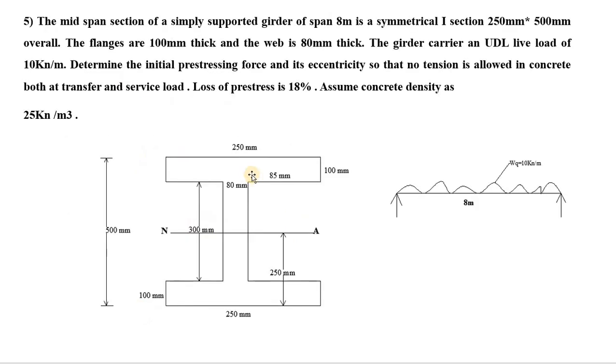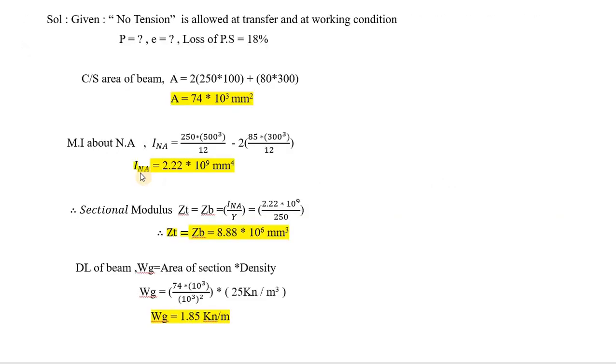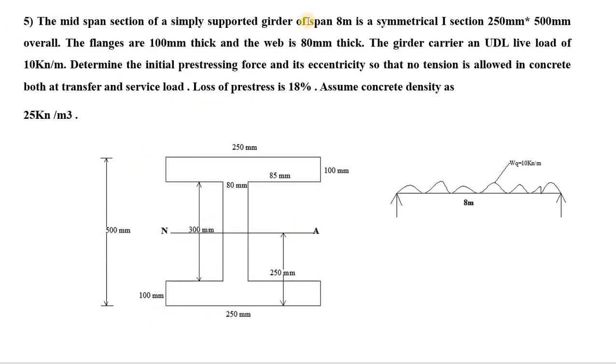So here B stands for the width, D stands for the depth of a rectangle. So width is 250, depth is 500, cube by 12, minus this part, which is important. How did I get this 2 into 85 into 300 cube by 12?